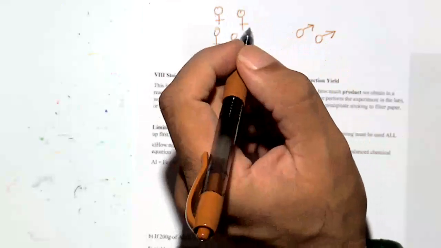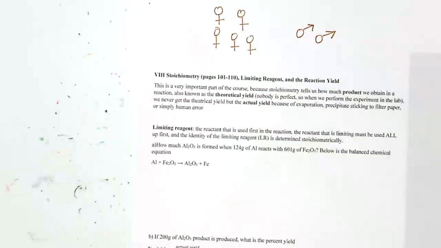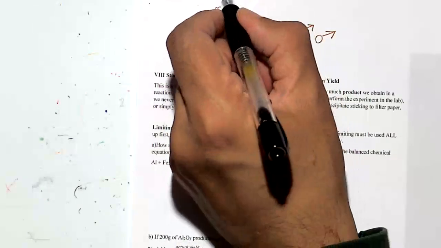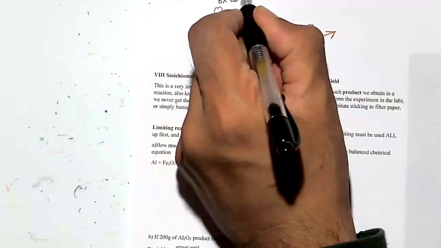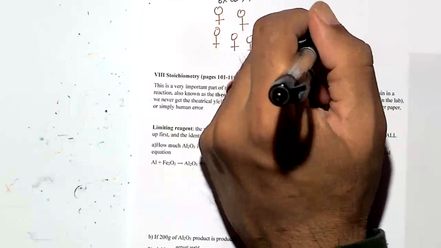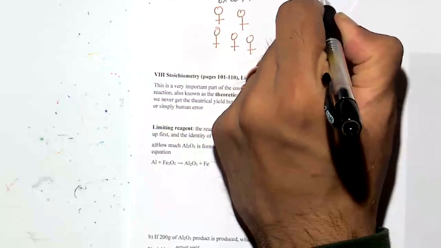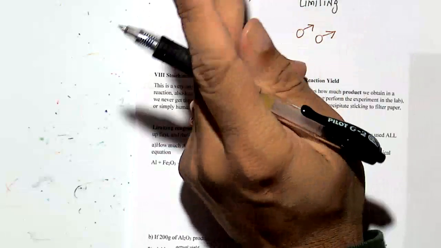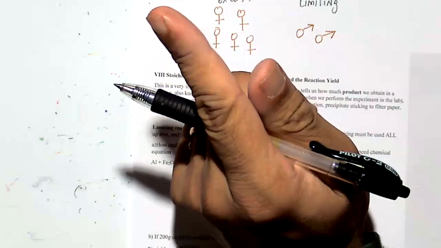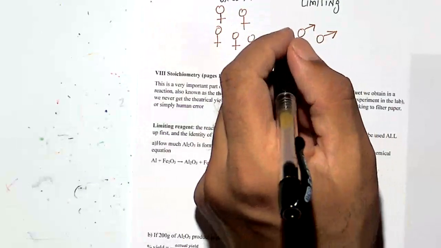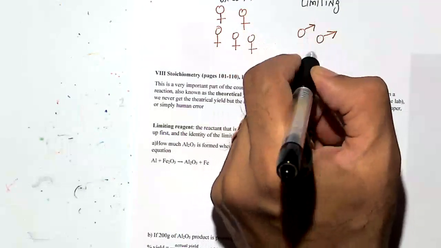Which gender is in excess? Females are in excess, and men are limiting. Let's say they're doing a 1-to-1 dance, 1 man to 1 woman. How many dances can you have?